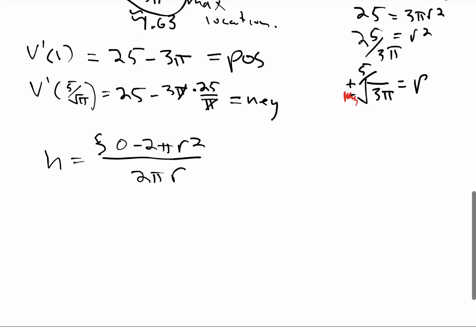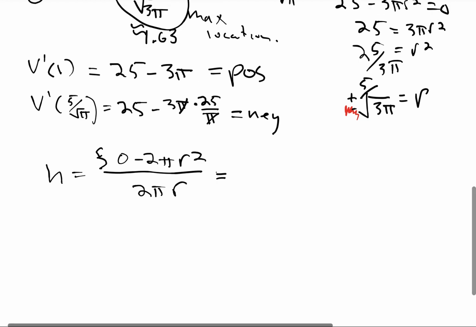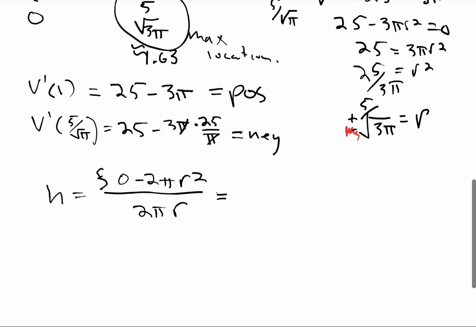So some comments on this. If I want to substitute this location in, this 5 over root 3 pi, well, this 5 over root 3 pi squared becomes 25 over 3 pi.